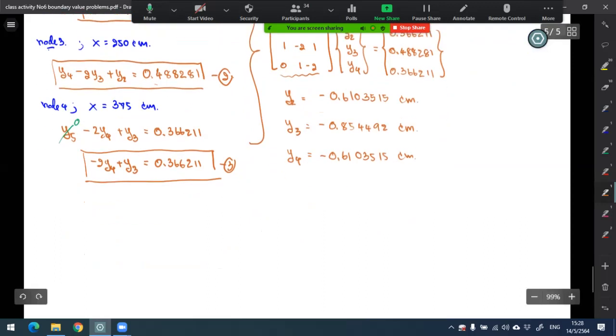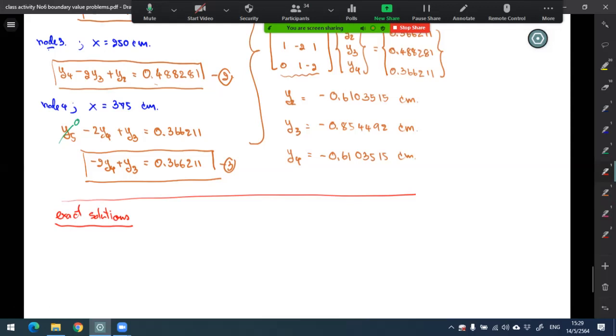We have to determine the exact one. The exact solution is determined from what? It's determined from the formula that's given.